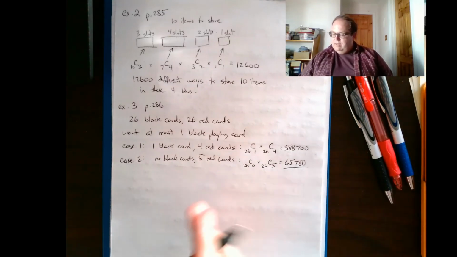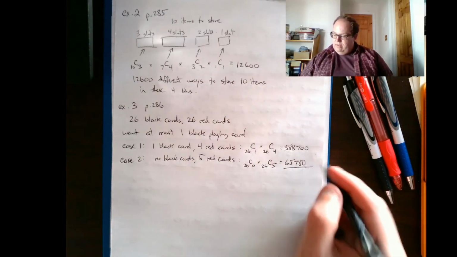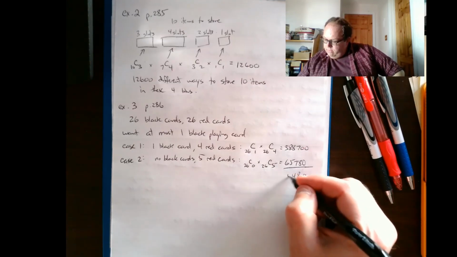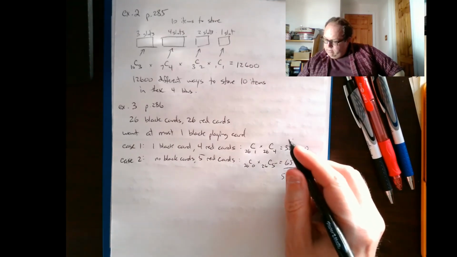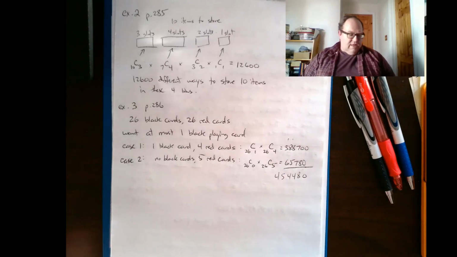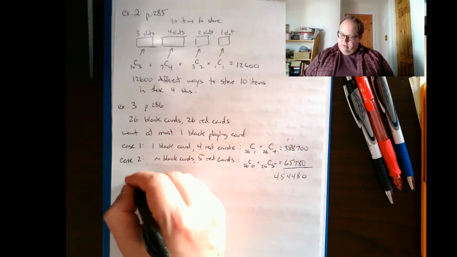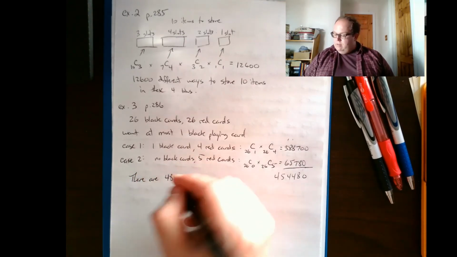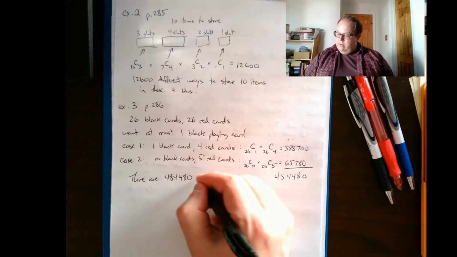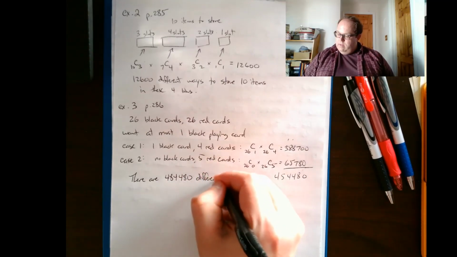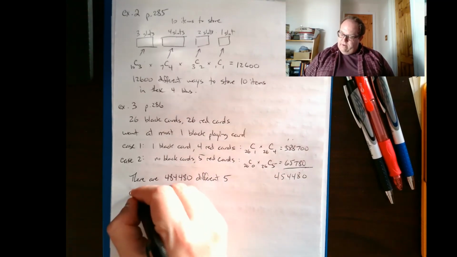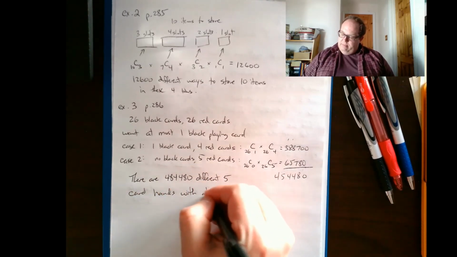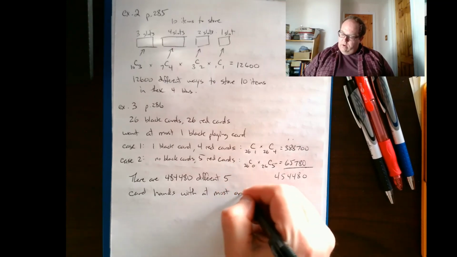If it's cases, then either this or this is happening, which means we have to add up. 388,700 plus 65,780 gives 454,480 hands. There are 454,480 different 5-card hands with at most one black card.